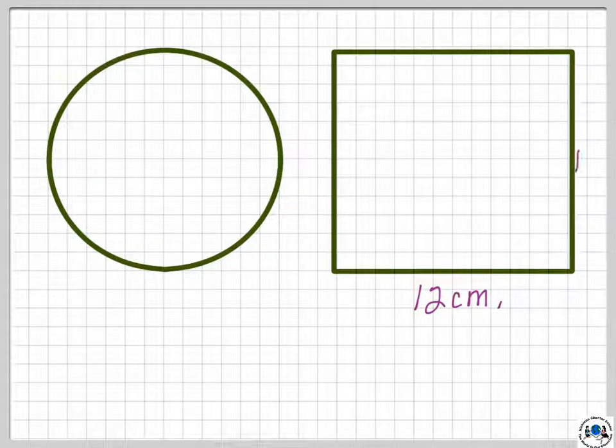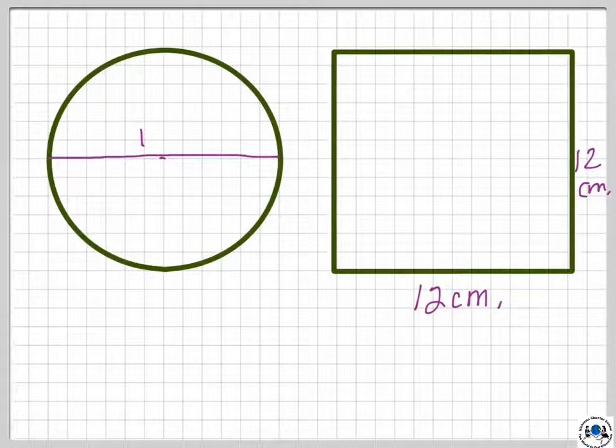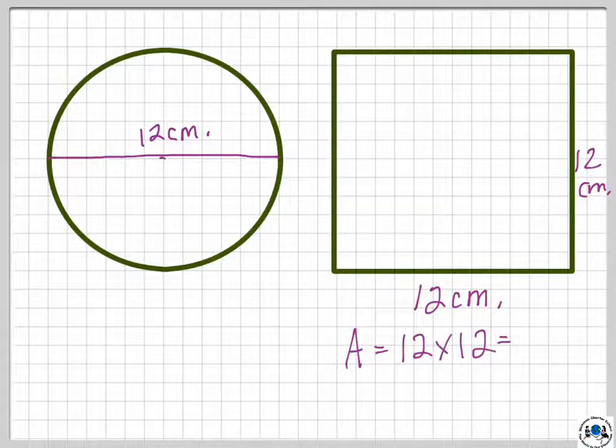And this would have had a diameter of 12 centimeters. So that's what they wanted you to do. So now to figure out the area, and hopefully you know area of a square, 12 times 12, and this is going to equal 144 centimeters squared.